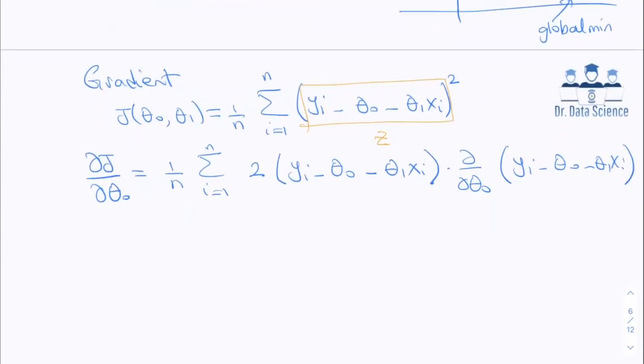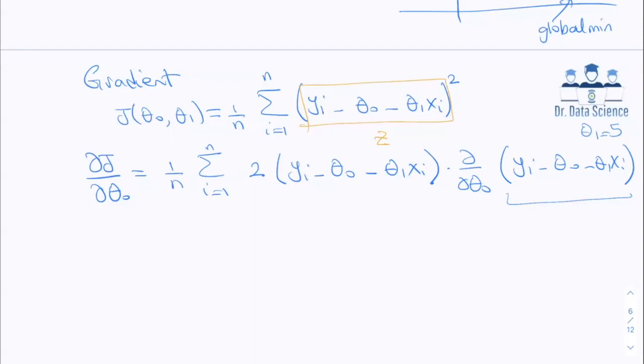Another question is, what's the partial derivative of this term with respect to theta 0? As I just mentioned, for a second, think of theta 1 as being equal to 5 or any other number you want. The partial derivative of yi with respect to theta 0 is 0 because it doesn't have any term that involves theta 0.